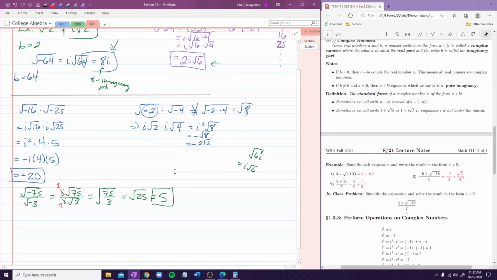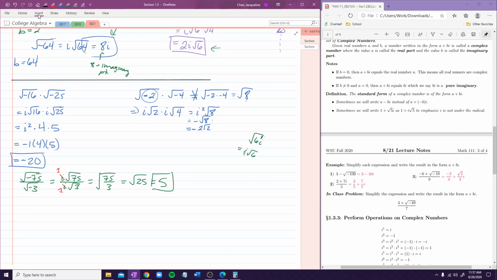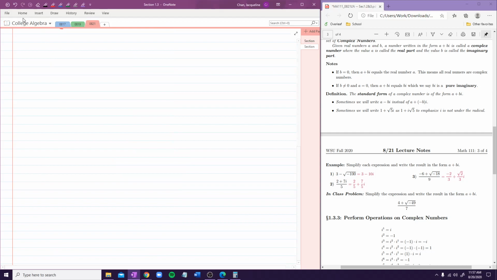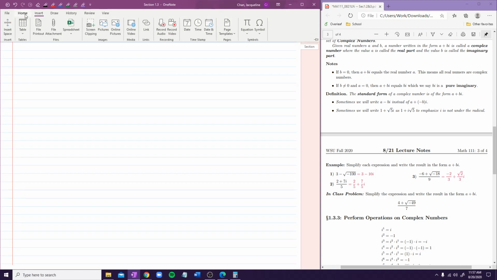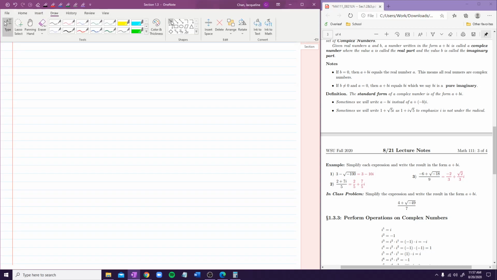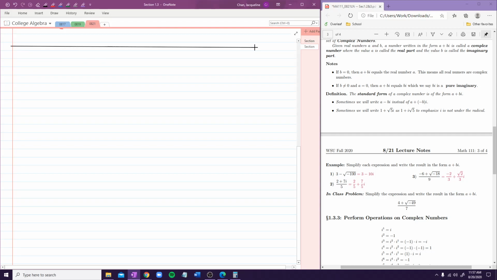All right, so let's do some examples. Example 1, we are given 3 minus the square root of negative 100. Remember, we want to write the result in the form a plus bi.